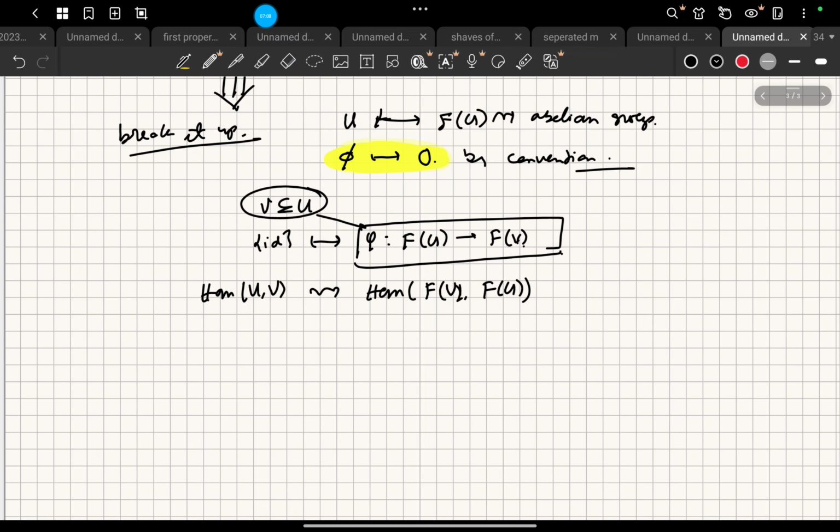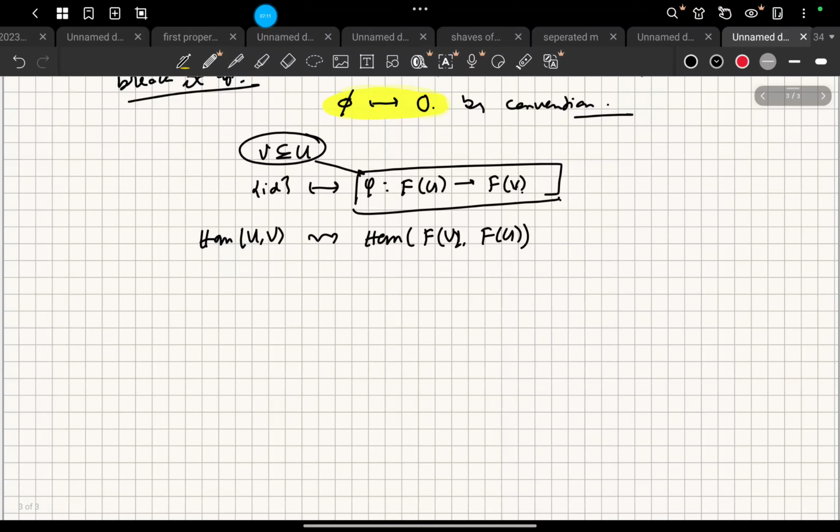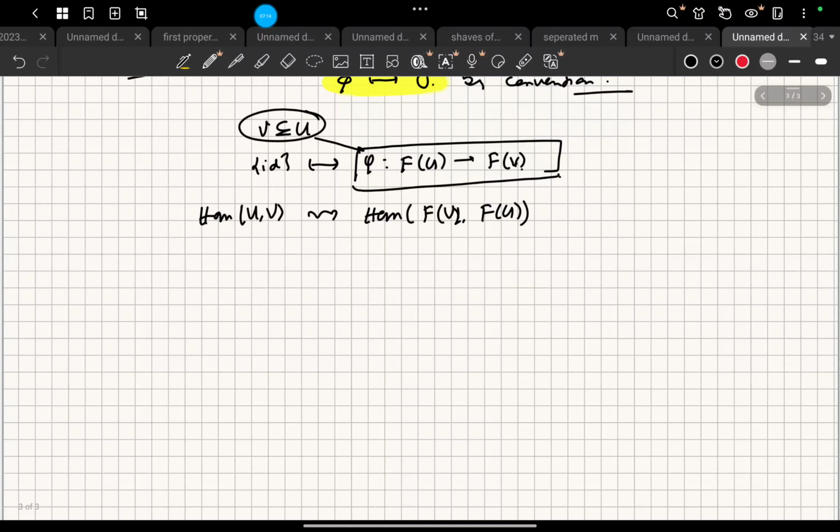Also, it should satisfy the composition law. That means if we have W subset of V subset of U, then phi VW composed with phi UV is the same as phi UW.